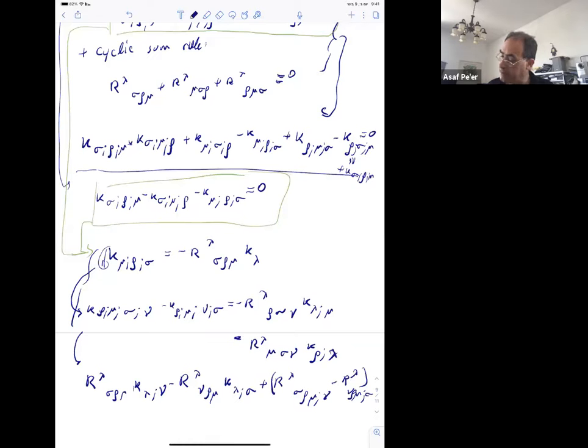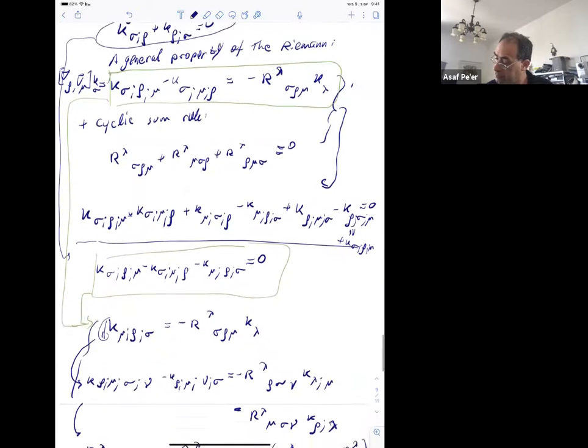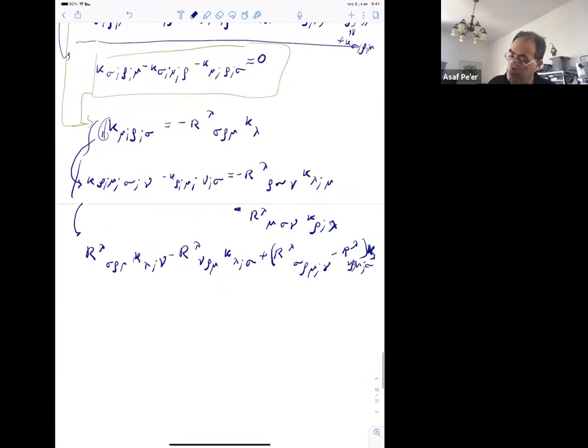This is multiplied by K lambda, is equal to what we had in the right-hand side, minus R lambda rho sigma nu K lambda mu minus R lambda mu sigma nu K rho lambda.